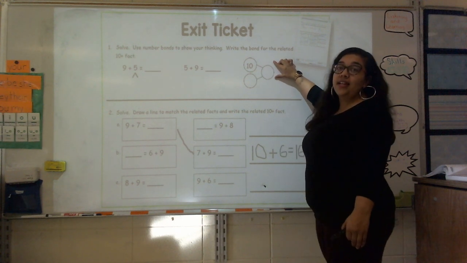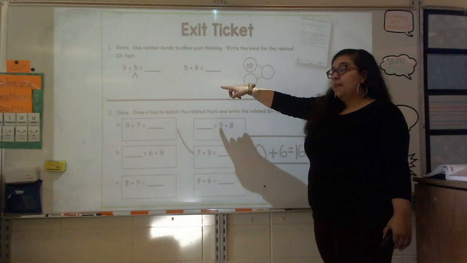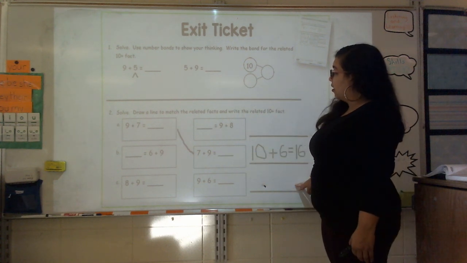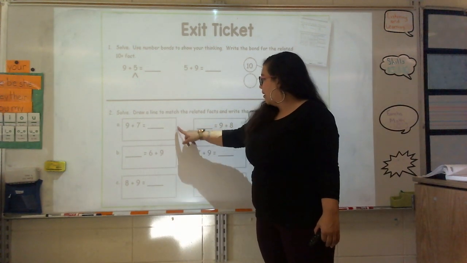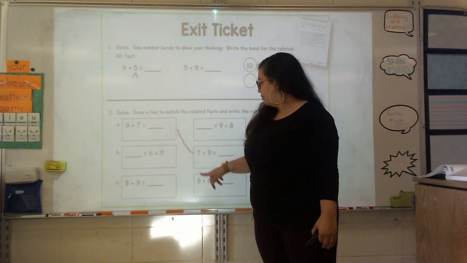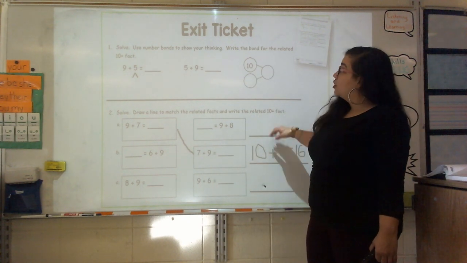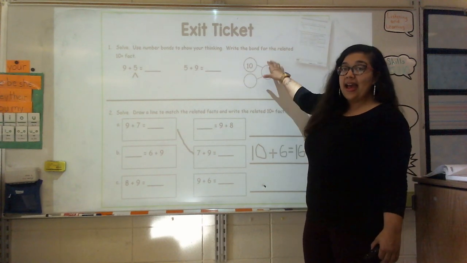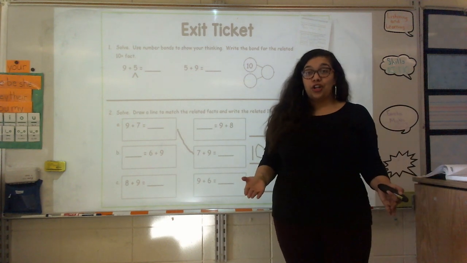So you're filling out this number bond as if one of the parts is 10, because that is our problem-solving strategy. And right here, your job is to solve and then match them and solve them as a 10 plus fact. So you'll see this on one drawing and then this on the next drawing. After you've completed both, click submit and turn in your work.